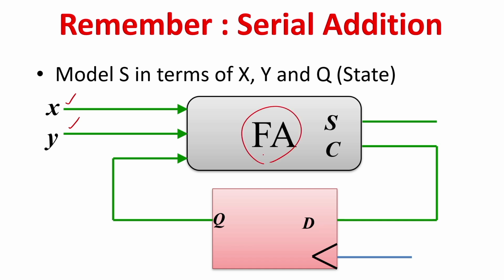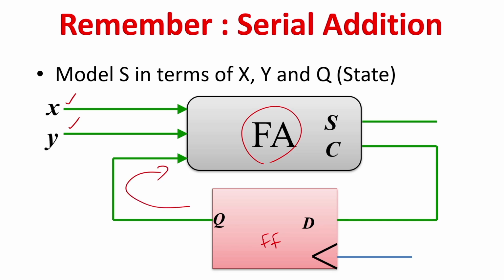It takes x and y as input, generates s and generates c, and the carry gets stored in a flip flop. This is a D flip flop, and in the next cycle it gets used.